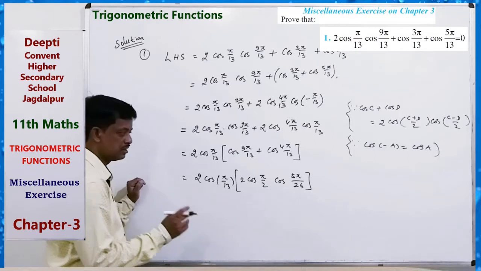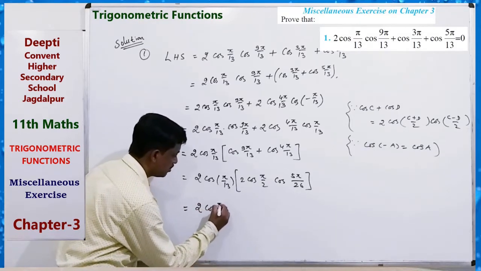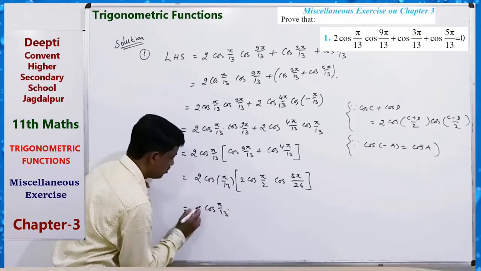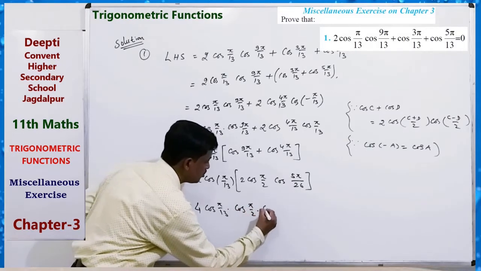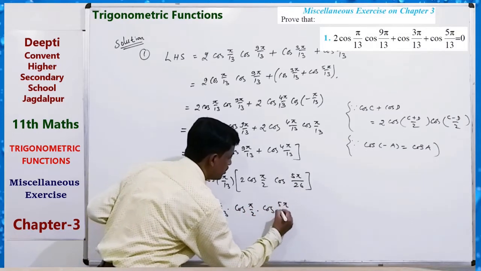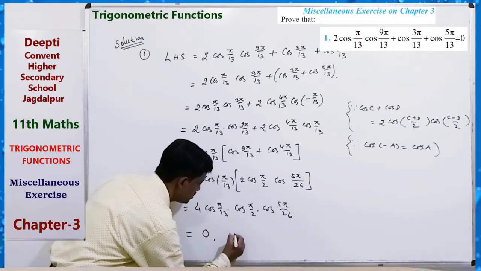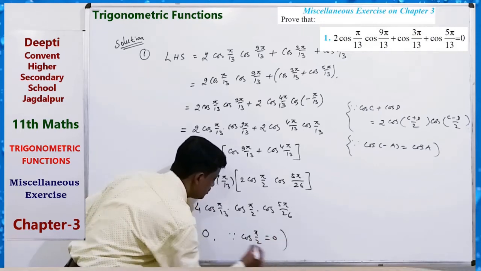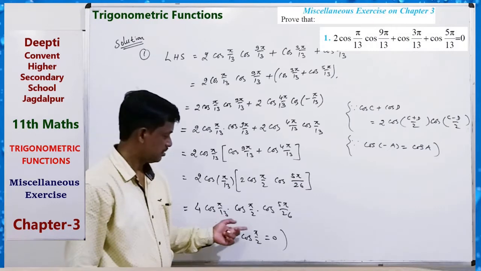So here we have 2 cos pi by 13 times 2 cos pi by 2 times cos 5 pi by 26, and this equals 0, since cos pi by 2, that is cos 90, equals 0, because cos 0 is 1 and cos 90 is 0.